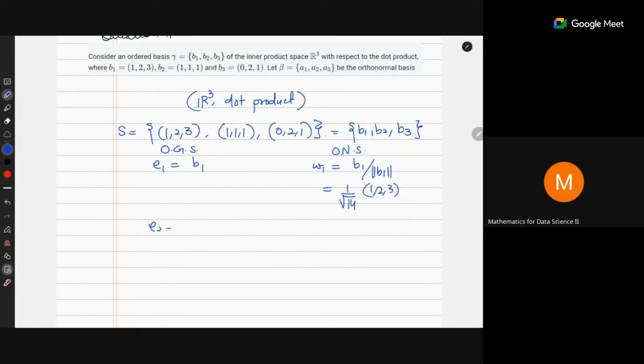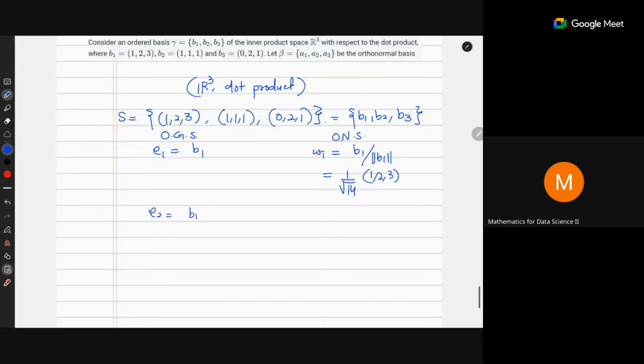Now what is E2? You take B2 and subtract the projection of B2 in the direction of E1. That is what E2 is. And the orthonormal vector will simply be E2 divided by the norm of E2.